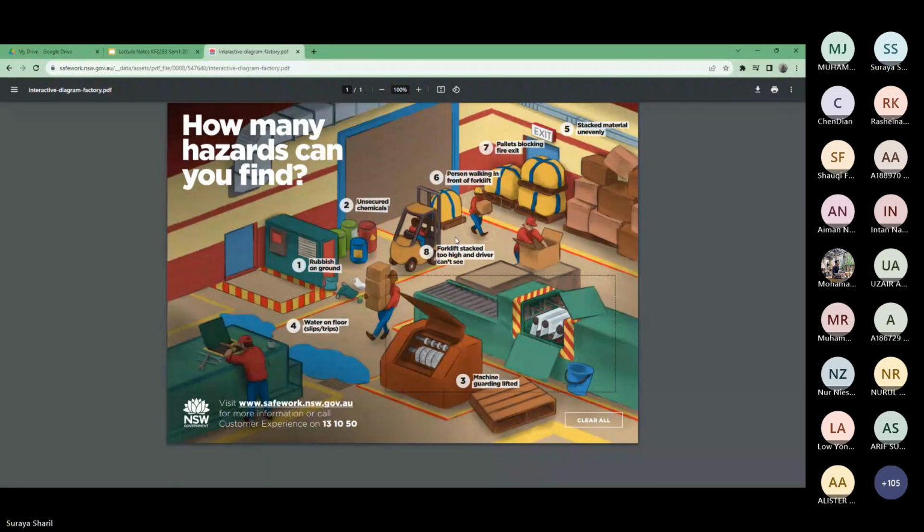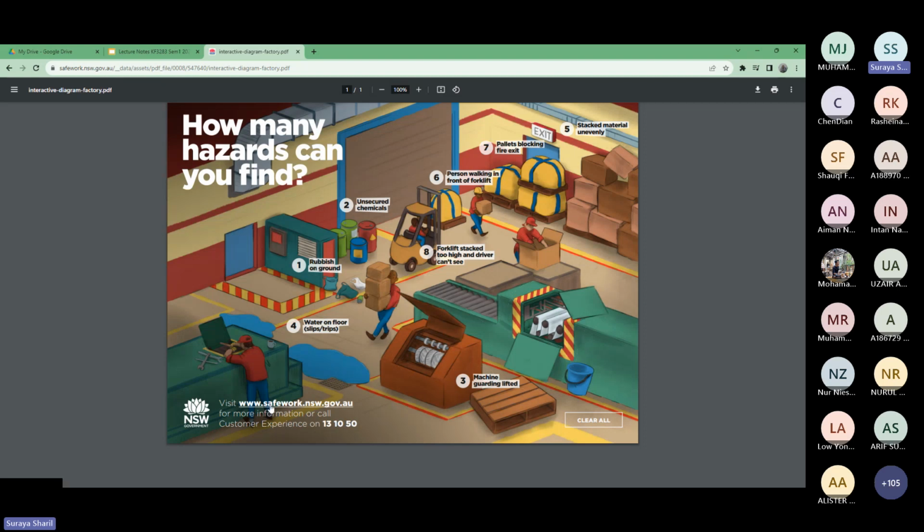Number 3. Okay, I cannot find it. But you can try this one.